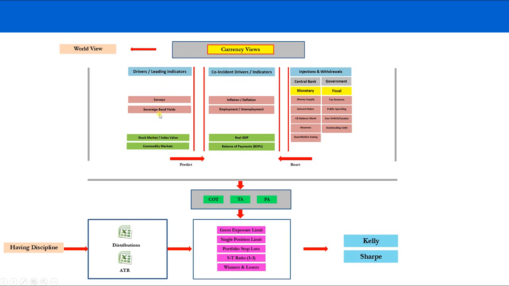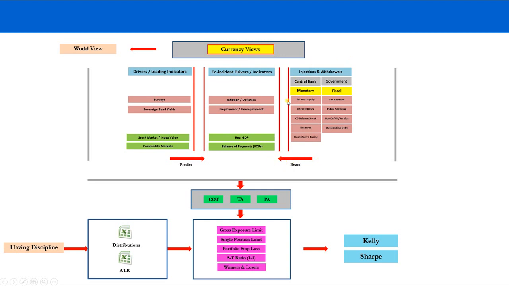And we have drivers on the left-hand side here, which are leading indicators. We have coincident drivers, which are also indicators. And we also have drivers here, which is our injections and withdrawals. And coming in from the left-hand side, our leading indicators drive our coincident indicators and injections and withdrawals because they react.